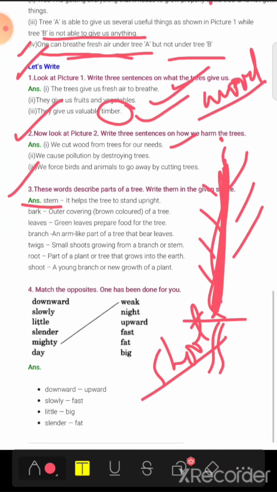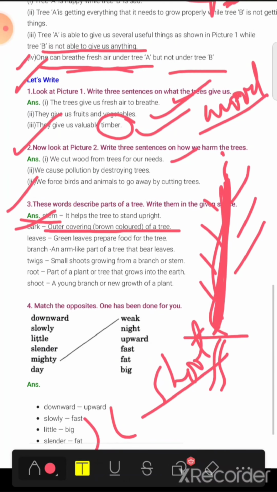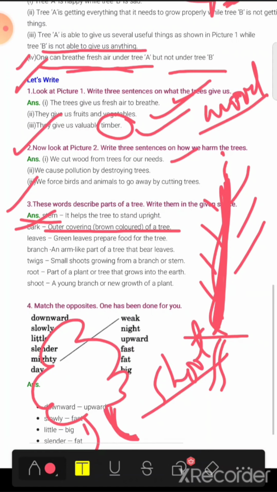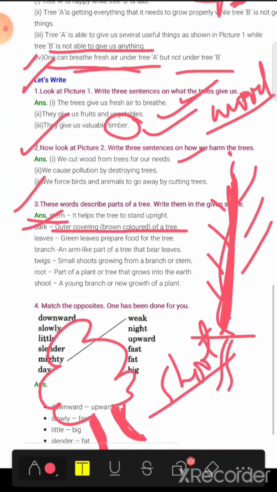The brown outer covering of a tree is bark. A tree has a brown outer covering, the skin of the tree. Brown skin of the tree is bark.